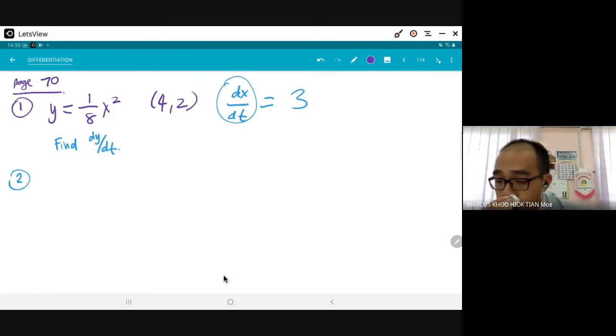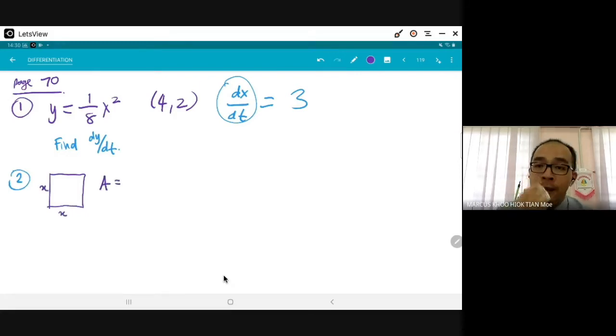Okay, question number 2. The area of a square with a side x cm increases at the rate of 8 centimeters squared per second. Okay, let's talk about this. Area of a square. Kalau square, kalau dia punya side adalah x, dia punya area adalah apa? X squared.